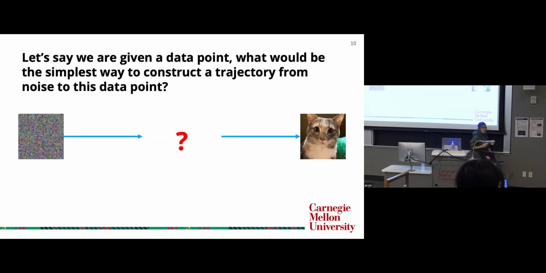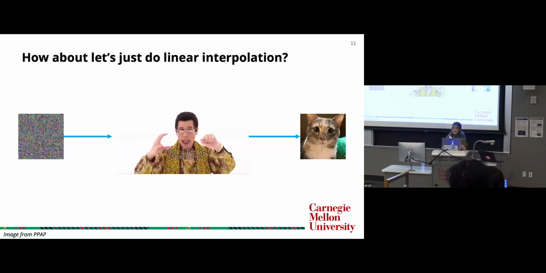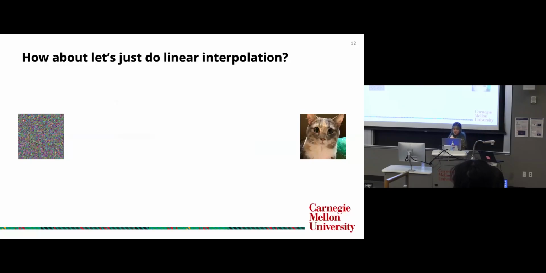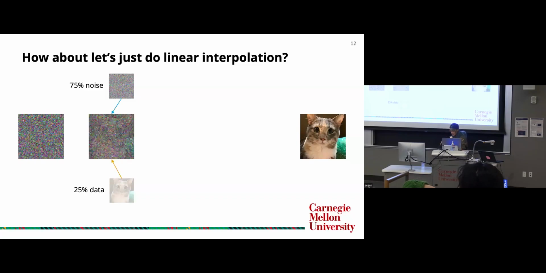Yeah. Linear combination. That's exactly correct. Okay, why don't we just do linear interpolation of the two things, right? So how exactly you can do it is, at the beginning of time, this noise is fixed, and you have a large portion of noise mixed with some portion of data, and then you get a very noisy data.